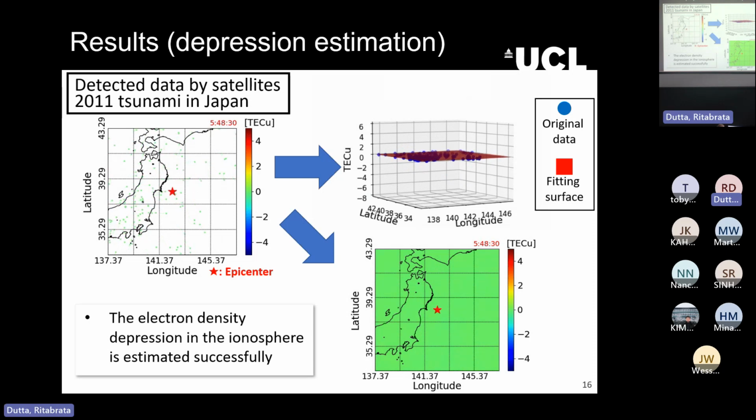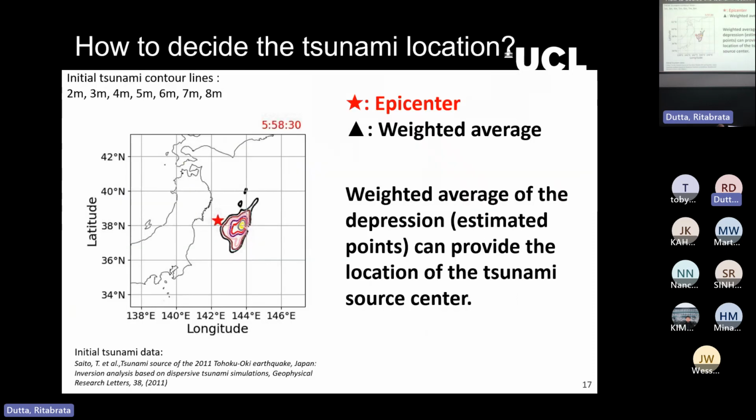And using this estimated depression disturbance, we can estimate the input data about the location. So we used a weighted average of the depression. The weighted average point is expressed by this black triangle, and this contour is the true initial tsunami data.